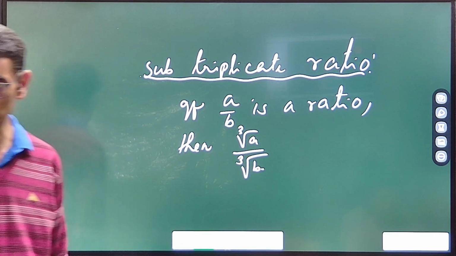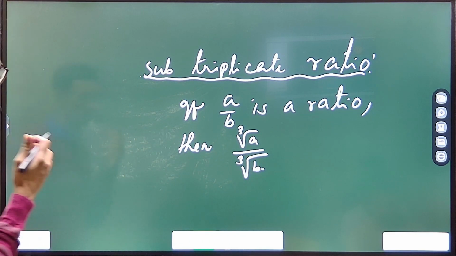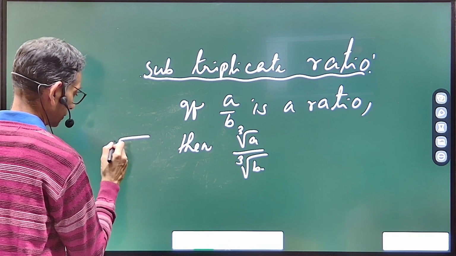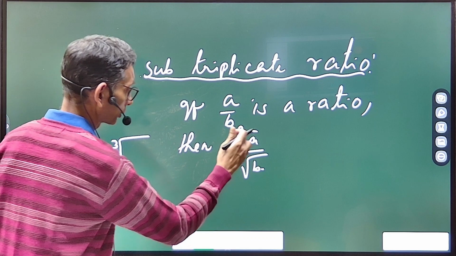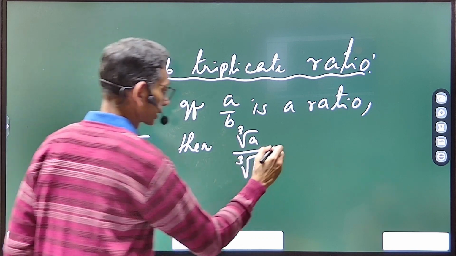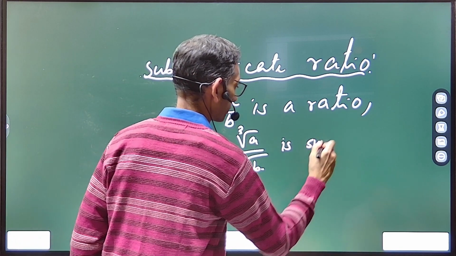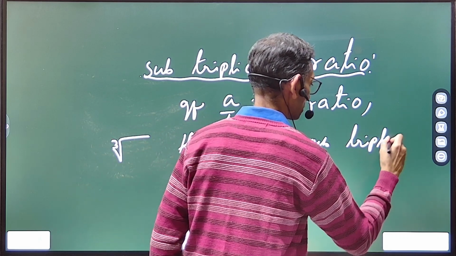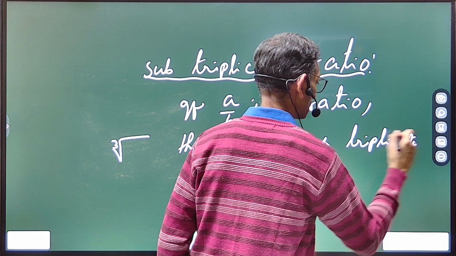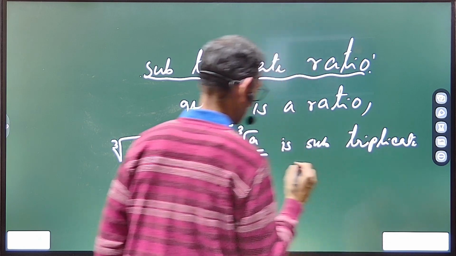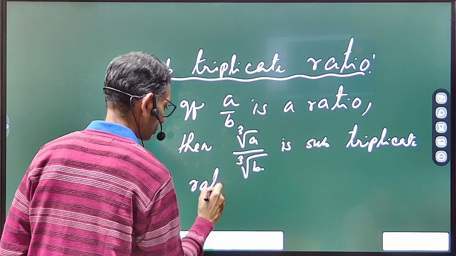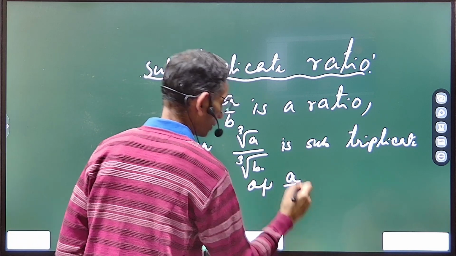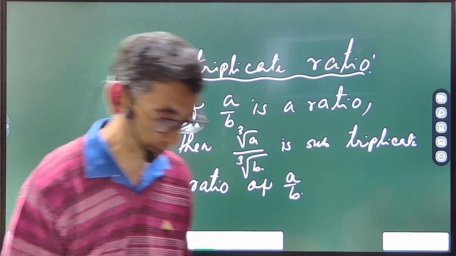Cube root, do you know how to write? It is like the square root sign but with a 3. So the cube root of A divided by the cube root of B is the subtriplicate ratio of A by B.